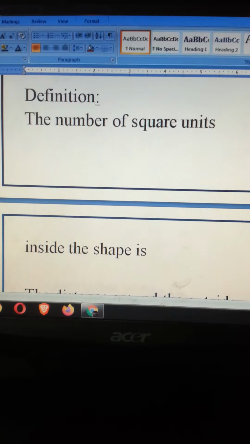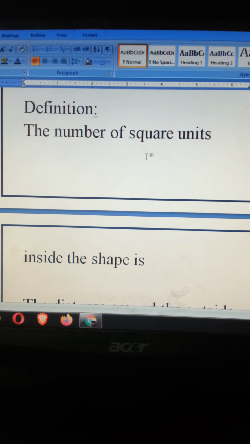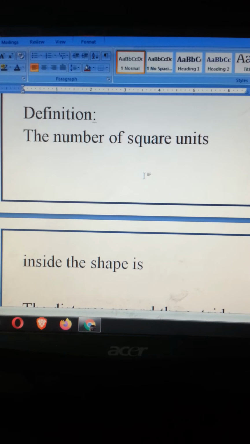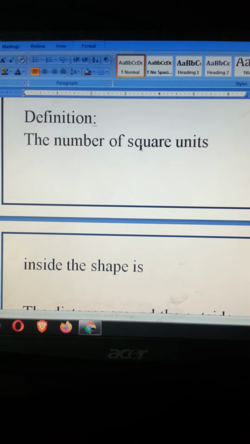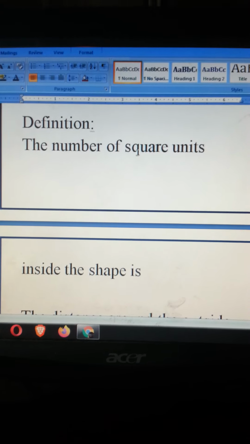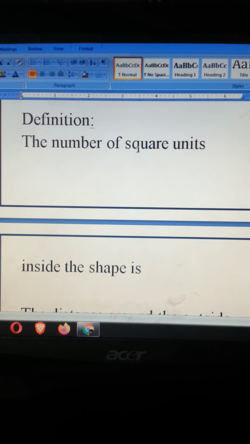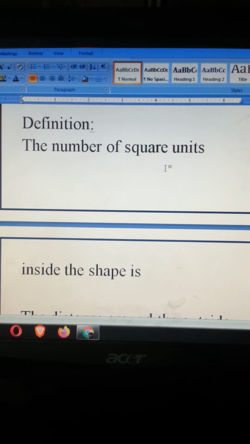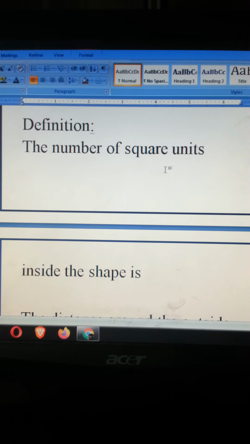So all you have to do is to focus on the definitions first. First of all, we have to focus on whether we are dealing with area or perimeter, right? Then we have to focus on the appropriate formula. You know that we can count the area by simply counting the square units in it, or by putting the appropriate formula.